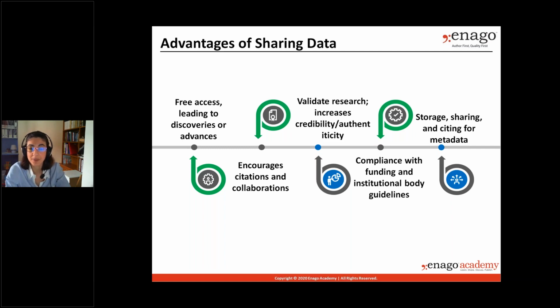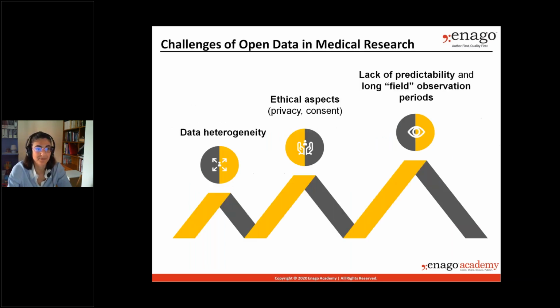It ensures compliance with funding and institutional body guidelines, because publications are an integral component of scientific projects and advancement of science. And of course, you have the opportunity to store, share, and cite metadata.